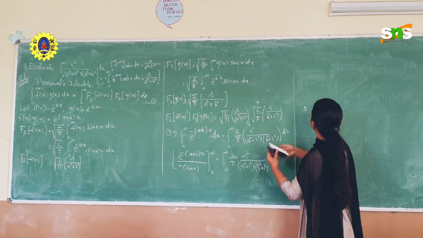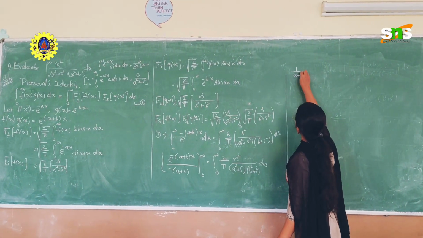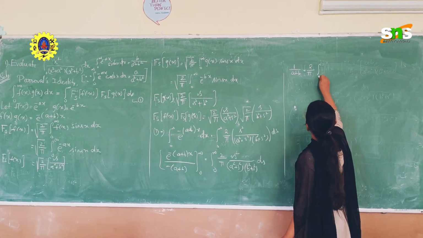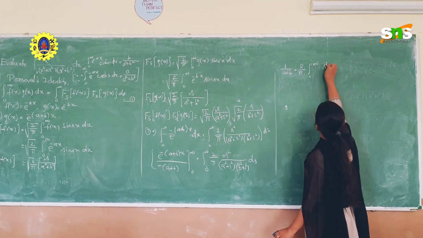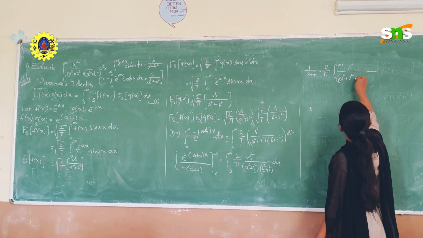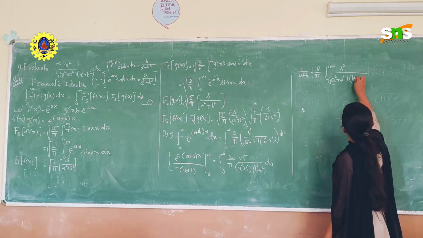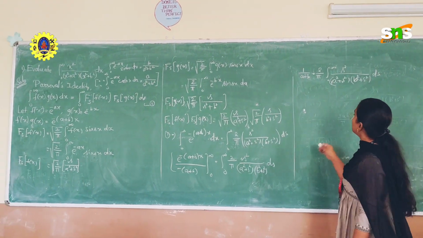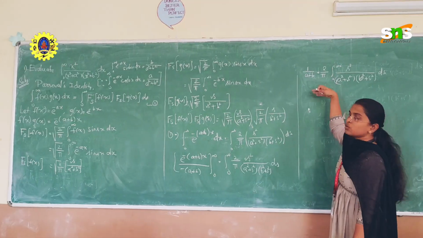So we can write 0 plus 1 divided by a plus b as 1 divided by a plus b, which is equal to 2 divided by pi integral 0 to infinity s square divided by a square plus s square times of b square plus s square ds. So now I am just taking this 2 divided by pi to the LHS.